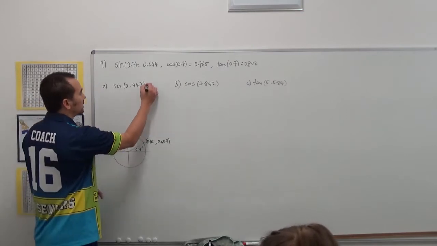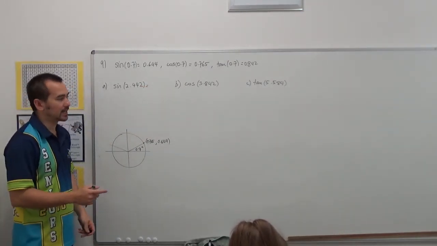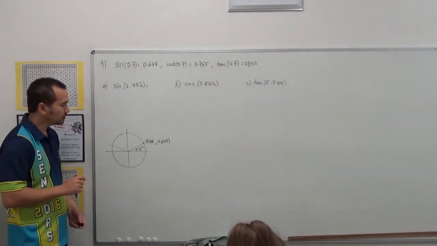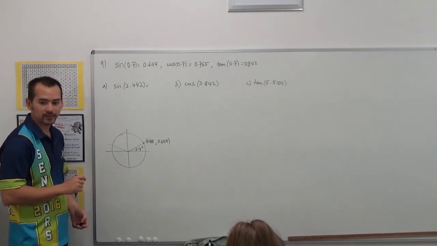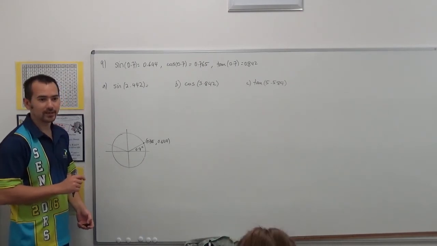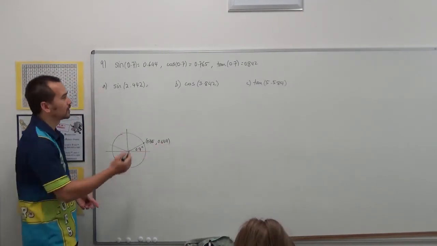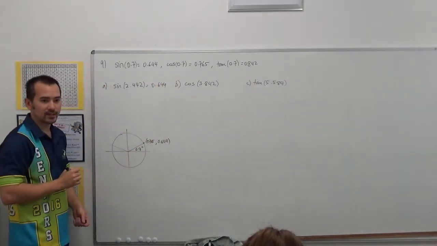Type in sine 2.442. Make sure your calculators are in radians, and let's find out what the value is. 0.644. How did I know that? Because it's right there. Because they want us to use symmetry. So 0.644 is our value.